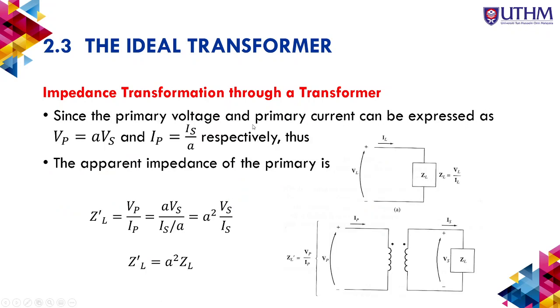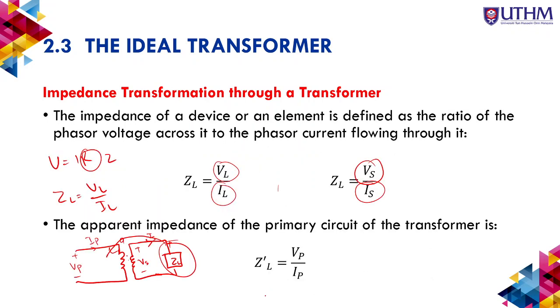Since the primary voltage and the primary circuit current can be expressed as VP, which we had earlier, with the turn ratio, and this is for current. Thus the apparent impedance of the primary is, we just change the impedance from earlier. We already have this equation, so we convert it using the transformer turn ratio.